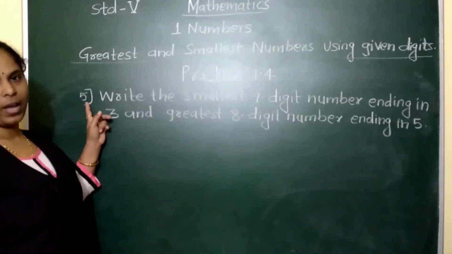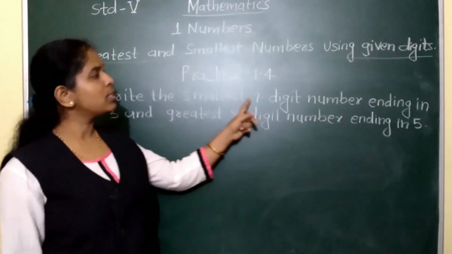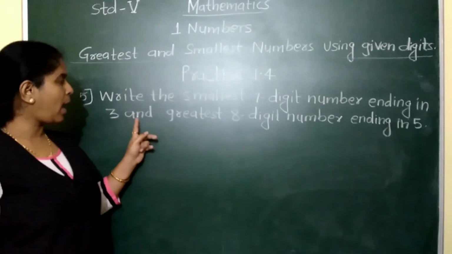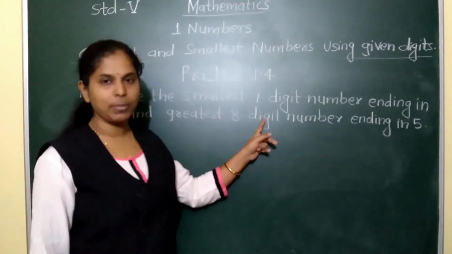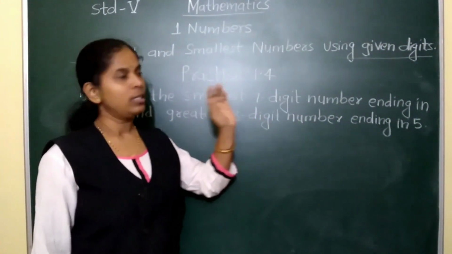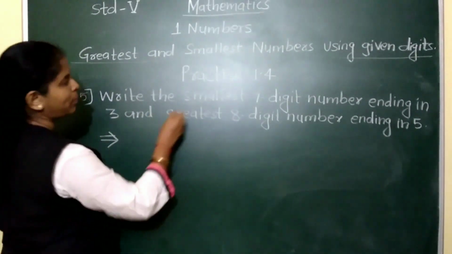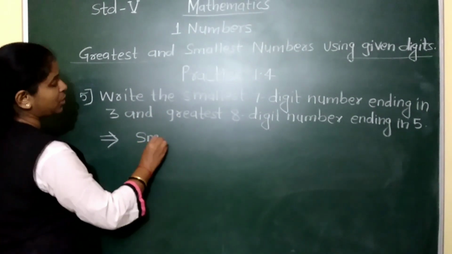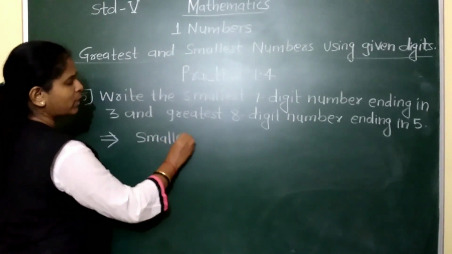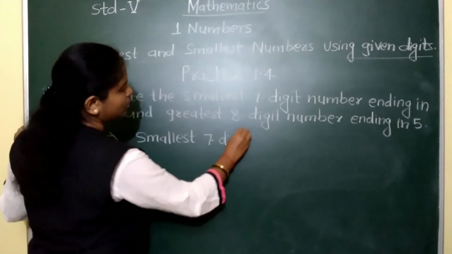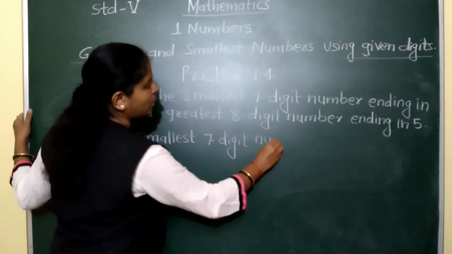Now question number 5. Write the smallest 7-digit number ending in 3 and greatest 8-digit number ending in 5. So see here, first we have to make the smallest 7-digit number. Do you know what is the smallest 7-digit number? How to write? See here.